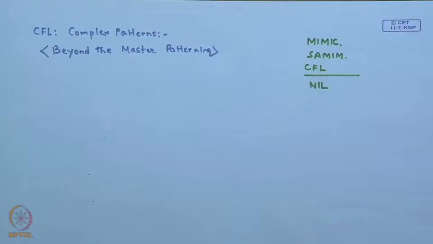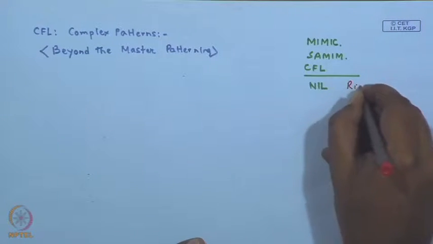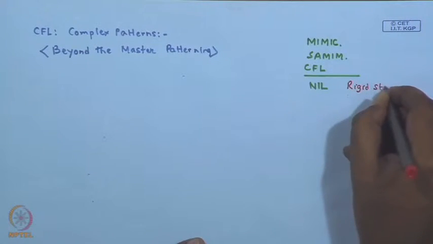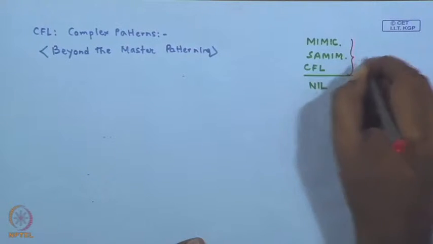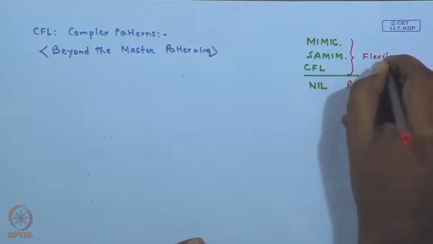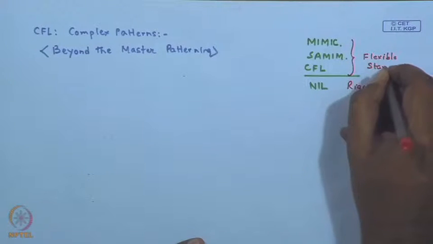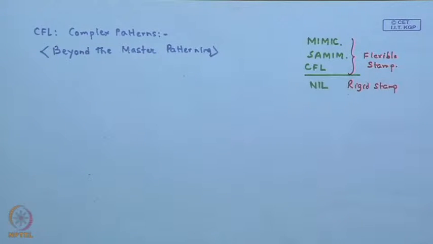If you remember our discussion, historically it was not part of the soft lithography group, but many people now consider that NIL is also one of the soft lithography methods.